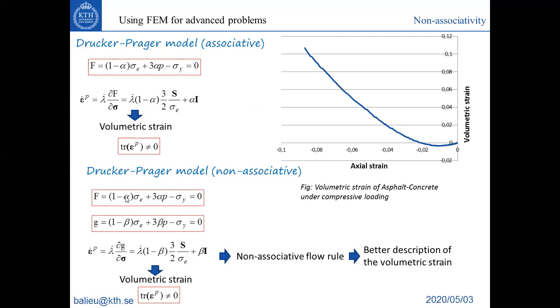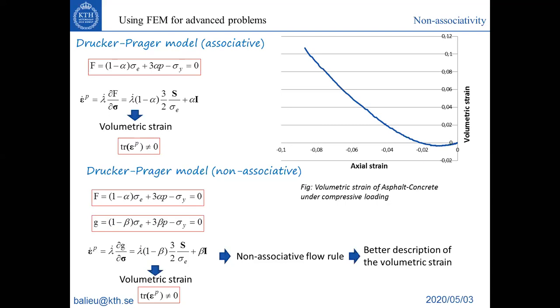So you can also deduce the parameter alpha. So you get the right parameters for the yield surface. With this F, you are able to model accurately when the plasticity will start. So you have a good description of the starting of the plasticity.